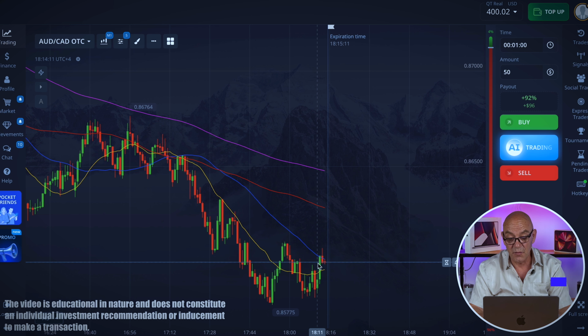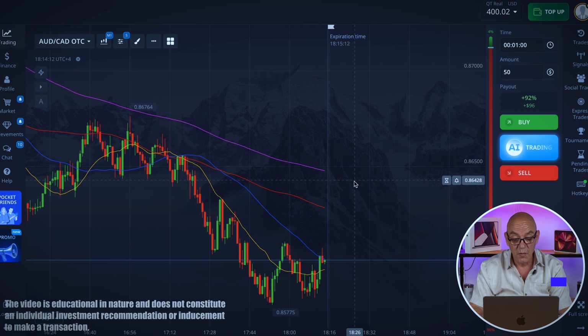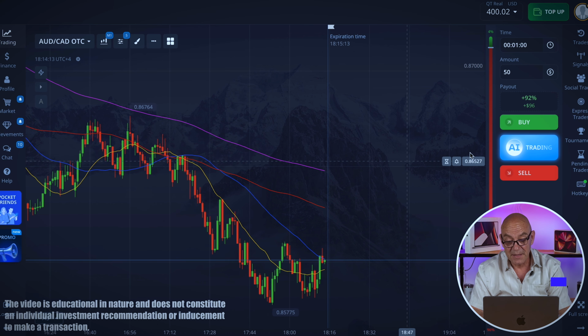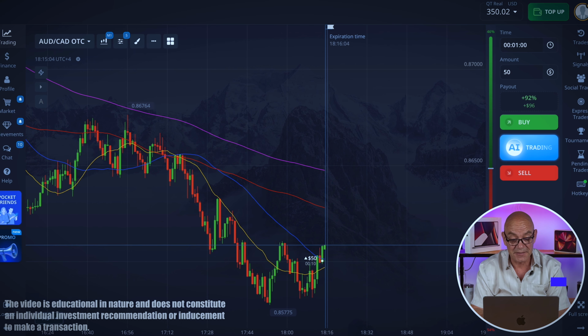This moment is well confirmed by the interaction of two lines, the 20 EMA in yellow and the 50 EMA in blue. When the faster line, 20 EMA, crosses the slower one, which is the 50 EMA, from below upwards, it's often interpreted as a signal of possible growth. In the end, the price movement indeed justifies the expectations.